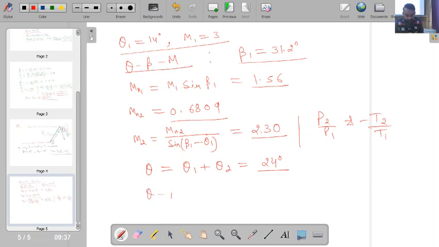So if I refer to the theta-beta-M diagram, I will get the value of beta 2, and if you calculate, it is coming out to be 52.5 degrees.